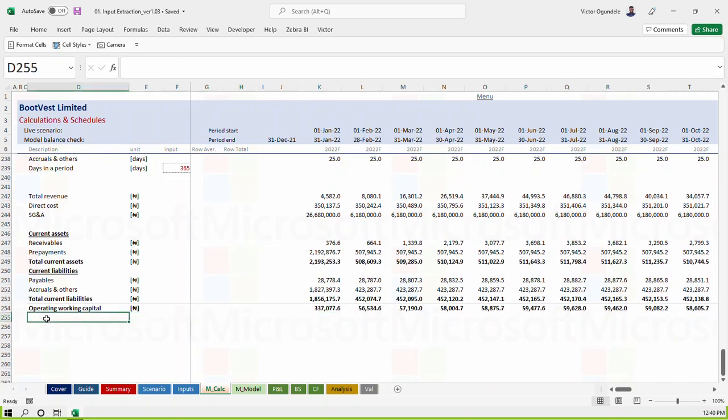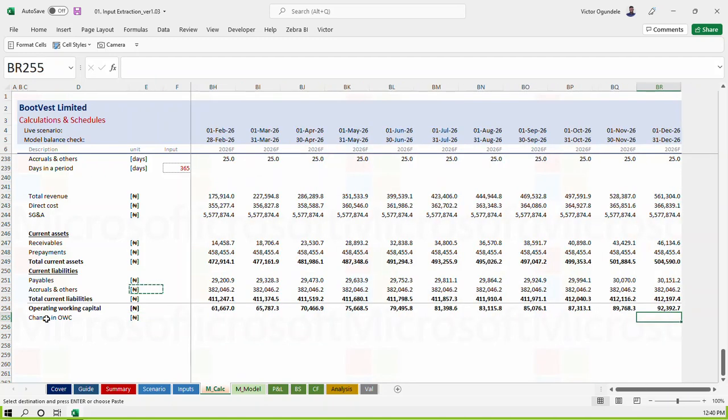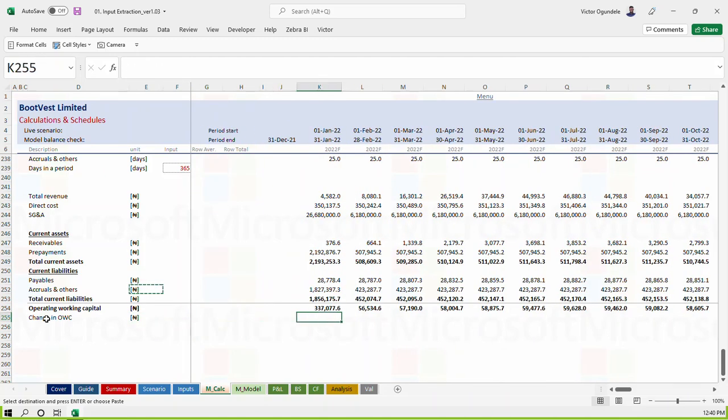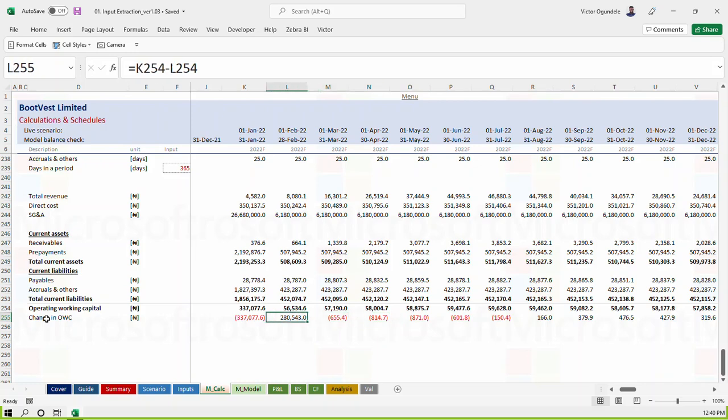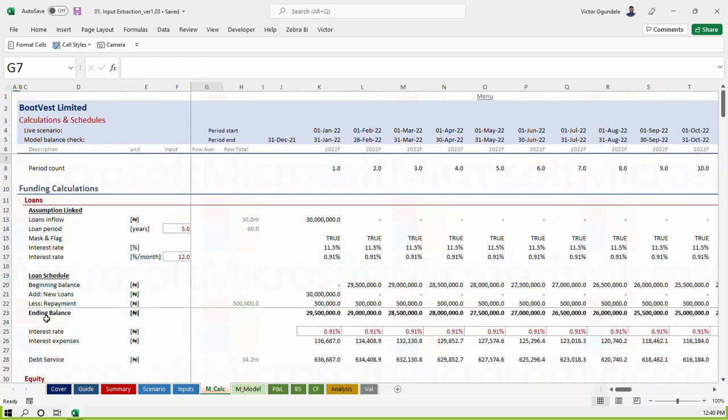All right, so our change in operating working capital would then be previous year ending balance minus current year ending balance, and that will give us our change in operating working capital. And yes, congratulations, we are through with the calculation worksheet.